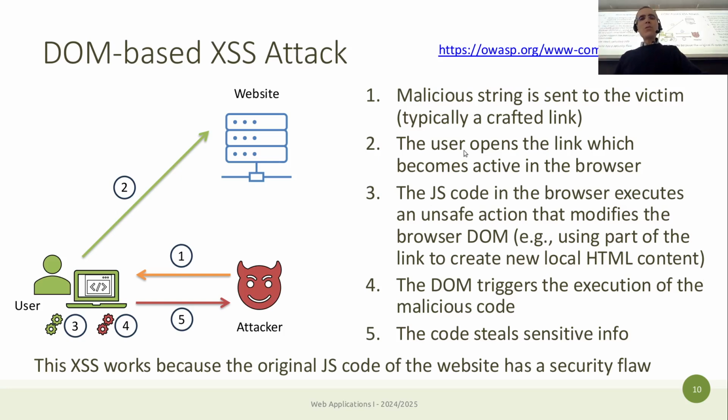The user opens the link and so it sends a request to the website, but actually this time the important part is not that the request is sent to the website, it's that the link is processed locally by JavaScript, and this JavaScript code triggers some unwanted behavior, because there's a variable part in this URL that is processed unsafely by JavaScript.